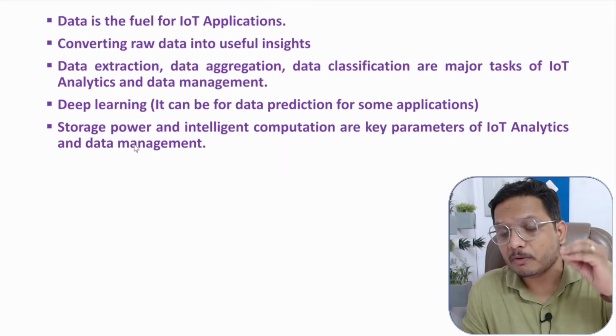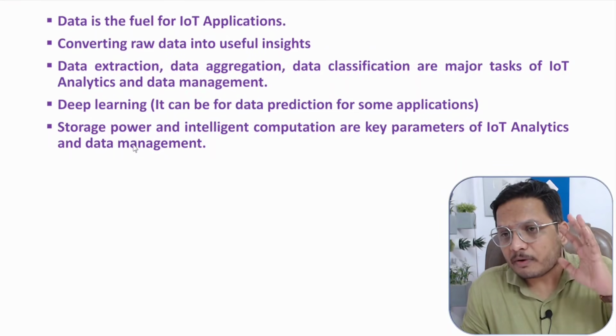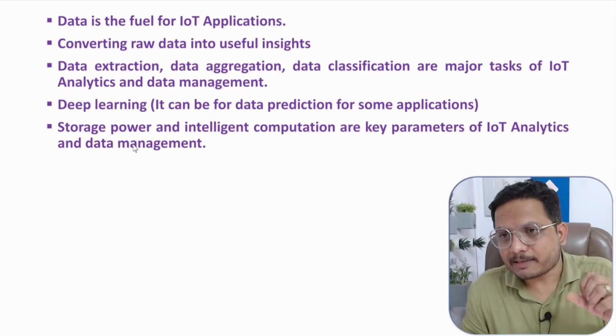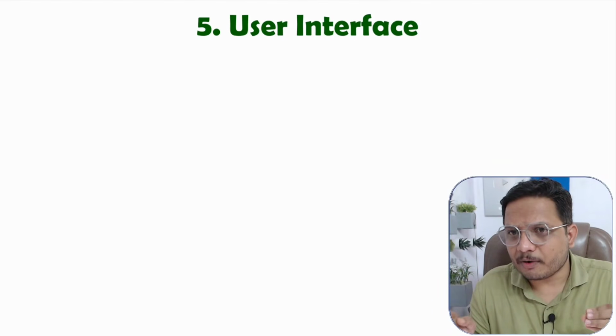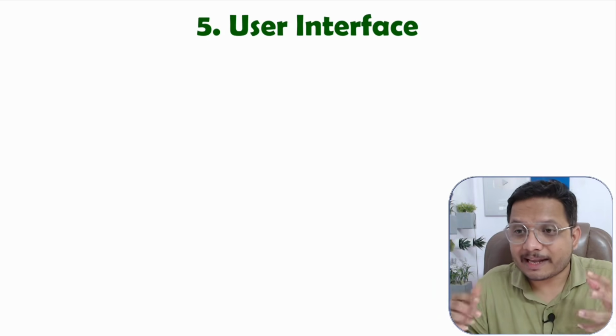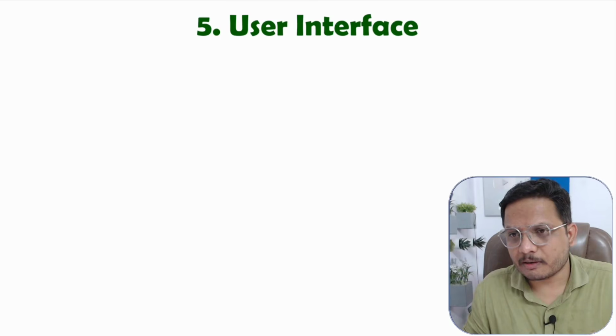Now I'm going to explain the fifth block of the IoT ecosystem, that is the user interface. This fifth component of IoT is the user interface, by which the user will be interacting with the IoT application. So the user interface is very essential.